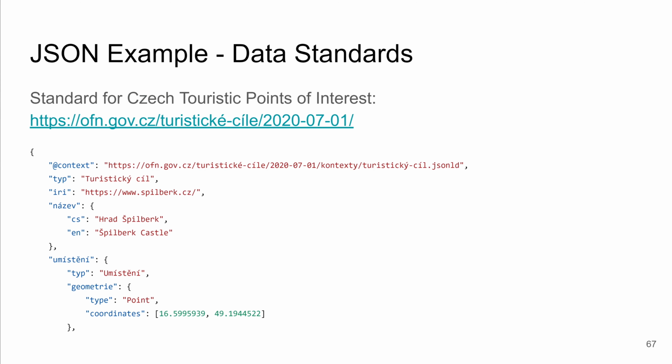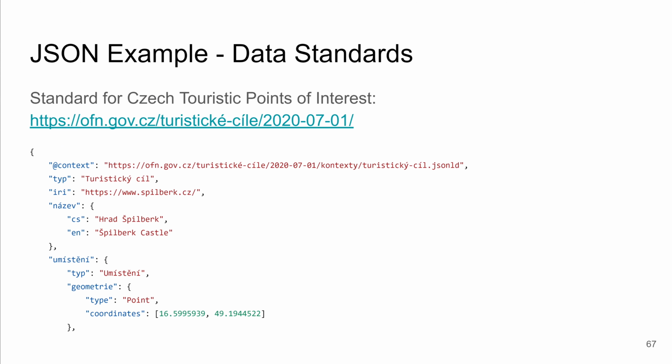Also, when you remember that when we talked about JSON, I said that JSON is used in the Czech standards of publishing open data, and I showed you this example. And when you take a closer look now, you'll notice that it is not just a JSON file described by a JSON schema, but it is also a JSON-LD file mapped using its context to RDF.